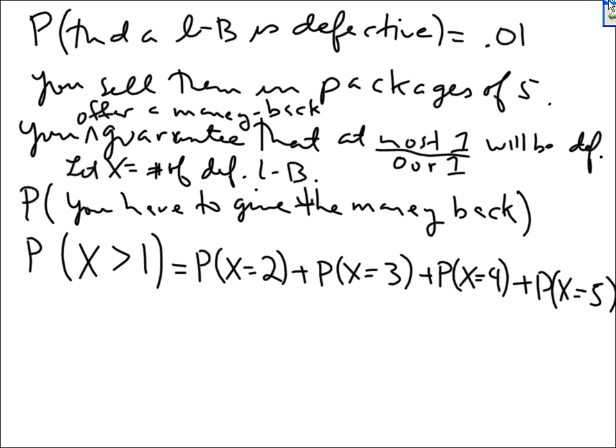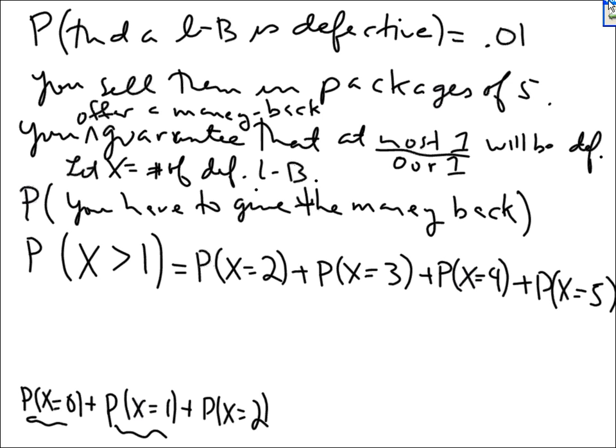Now you may say, wow, that's 4 probabilities. Maybe I should use complements. Well, either 0 are defective, or 1 will be defective, or 2 are defective, and these are all disjoint. If exactly 1 is defective, then exactly 2 can't be defective. Likewise, if exactly 1 is defective, exactly 0 can't be defective.